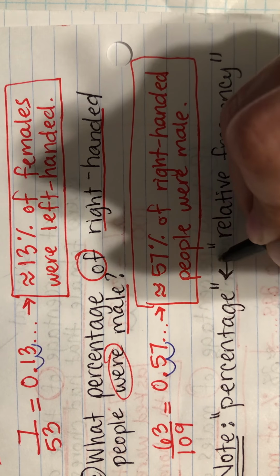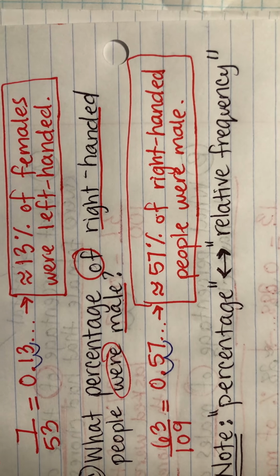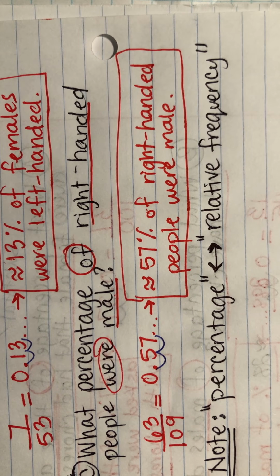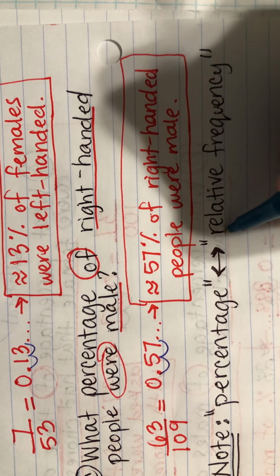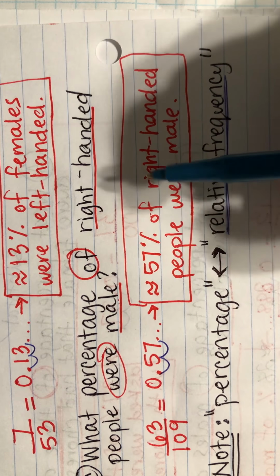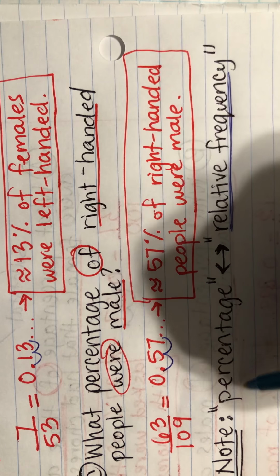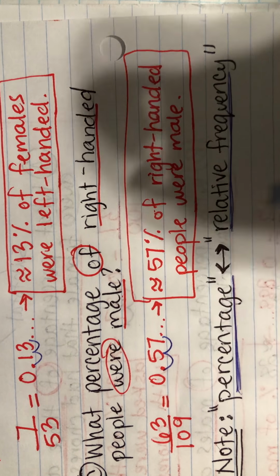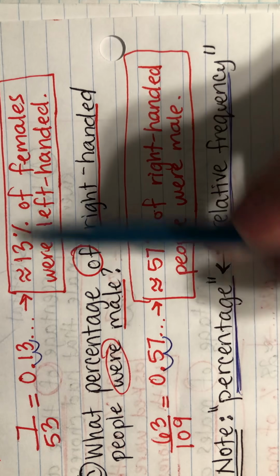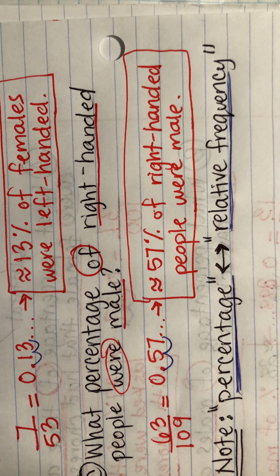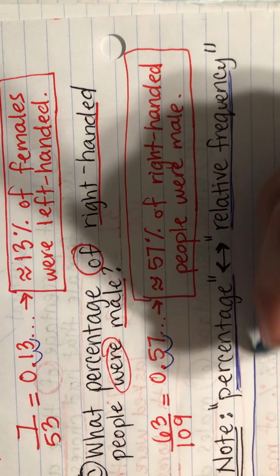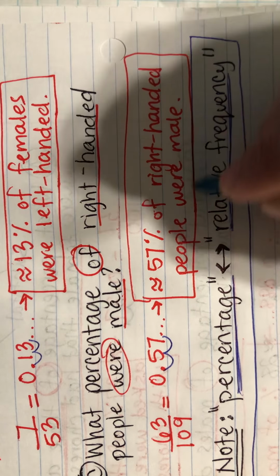These two terms are the same thing. So if you see a problem where it asks you what is the relative frequency of right-handed people that were male, they're asking you what is the percentage. So if you see these words, it's the same thing as percentage. It's the same thing we're doing now. So keep this in mind.